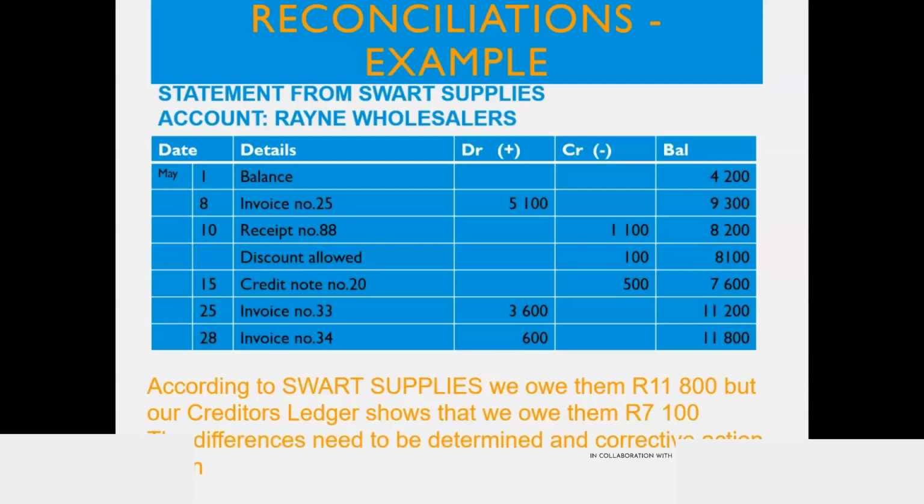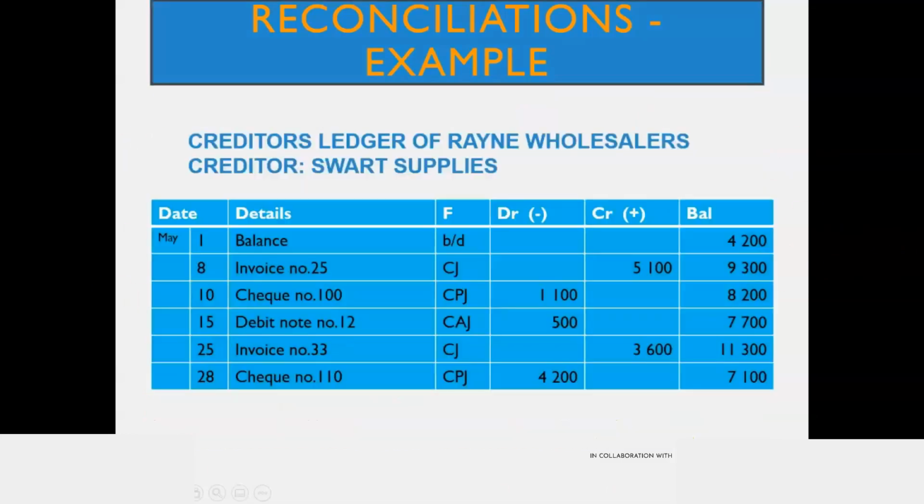There's a statement of transactions, the things that we owe. So that's what we're talking about here. The statement is prepared externally, and the creditor's ledger is prepared internally.